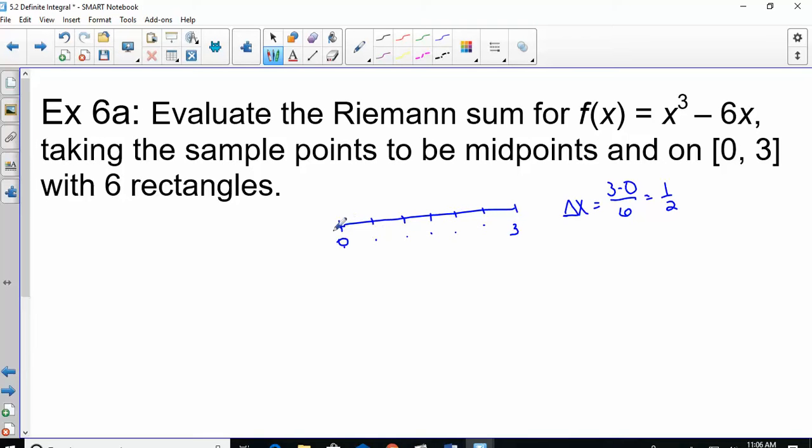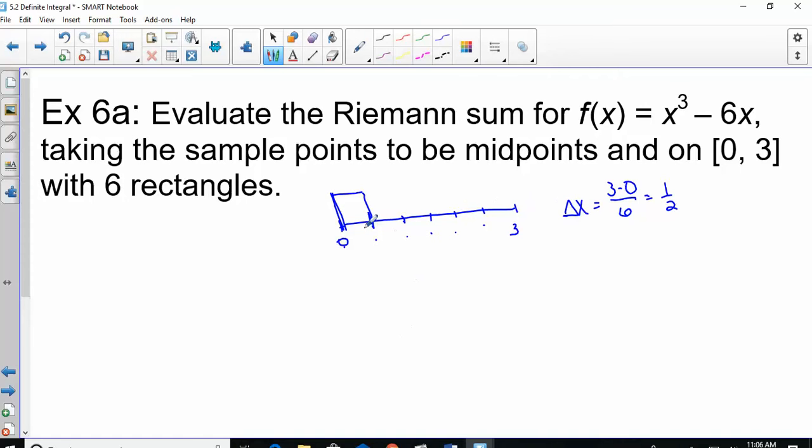If I said I wanted a right hand sum, that means for the first rectangle, you would use the right hand endpoint. So the first point you would use would be the 1/2. And then the 1, 1.5, 2, 2.5, and this time you'd end at 3.